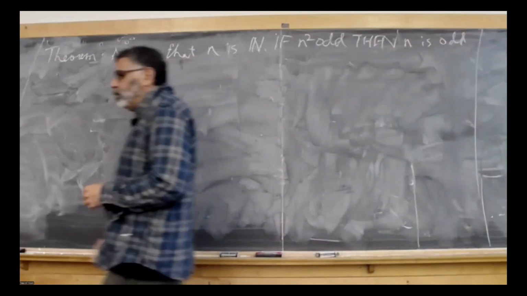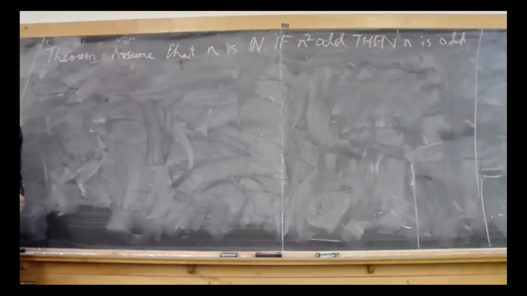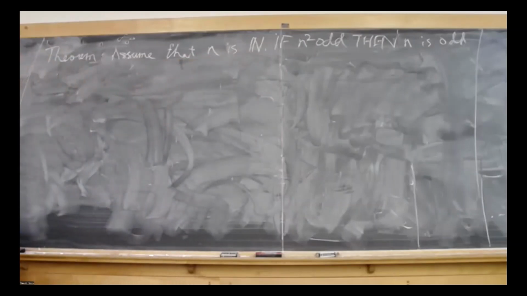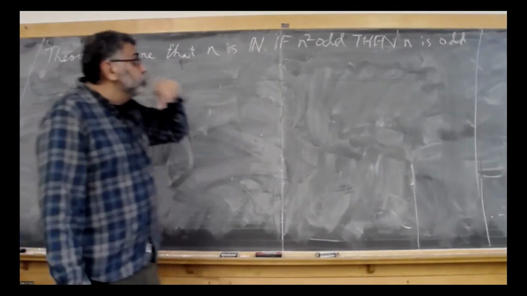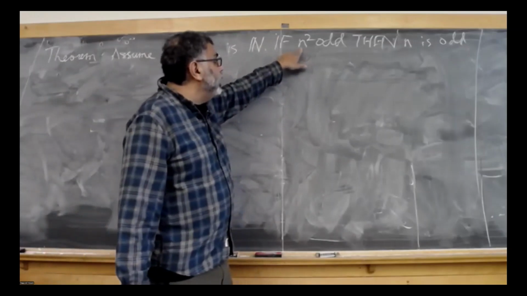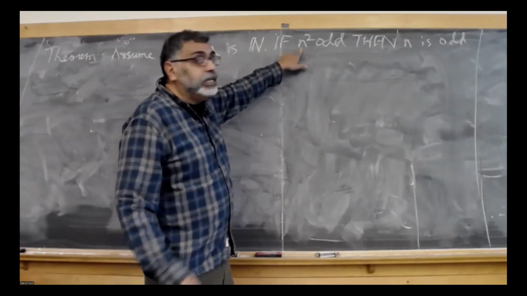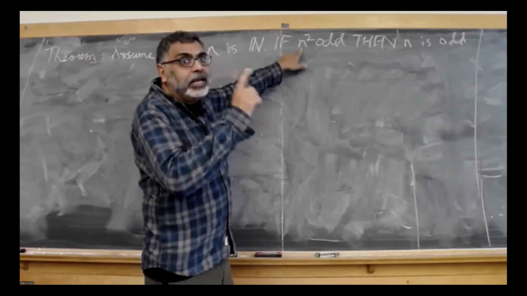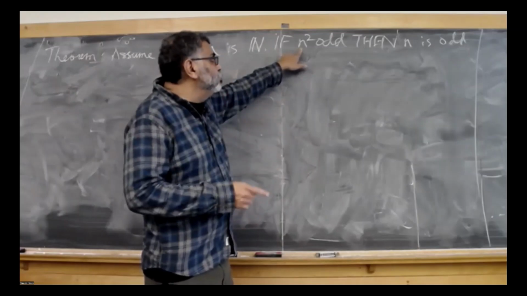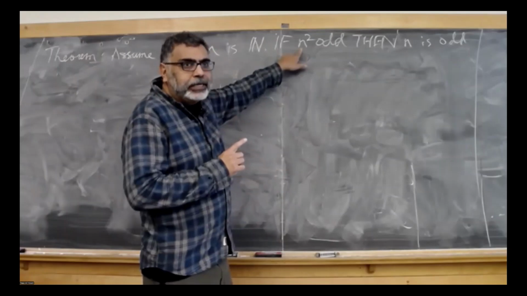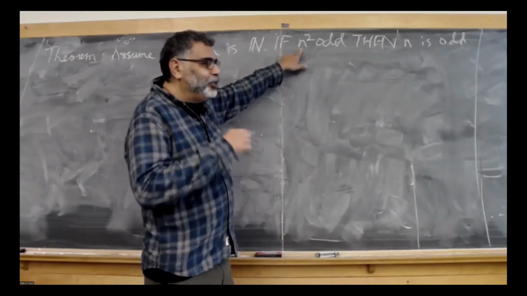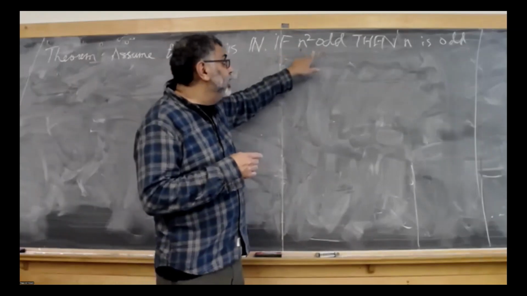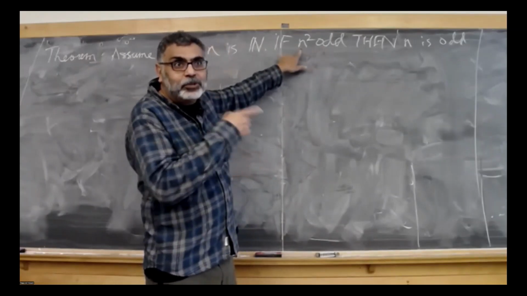Okay, so you stop and you go, all right, the number n is going to be a natural number, which means it can be 1, 2, 3, 4. If you choose any natural number and you square it and it's odd, let's do 2 and 3, then it cannot be 2 because 2 times 2 is 4.